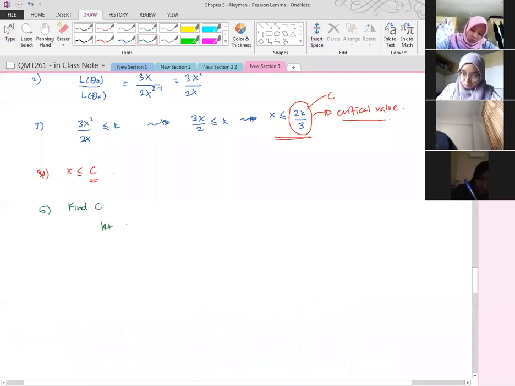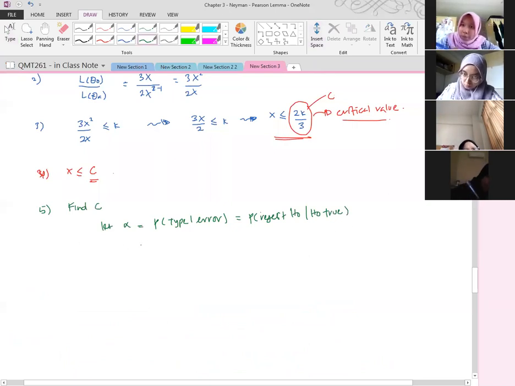So let alpha equal the probability of type 1 error, which is also equal to the probability of rejecting the null hypothesis when the null hypothesis is true, right? So the condition to reject the null hypothesis is when x is less than or equal to c.